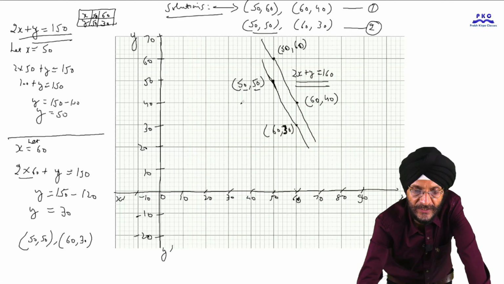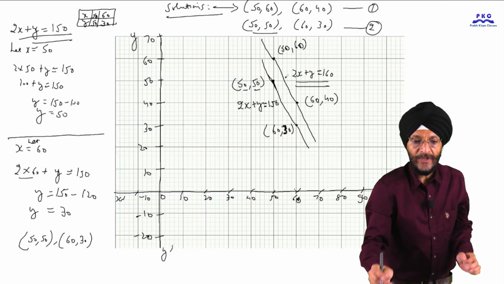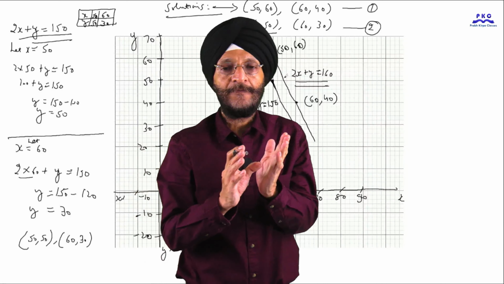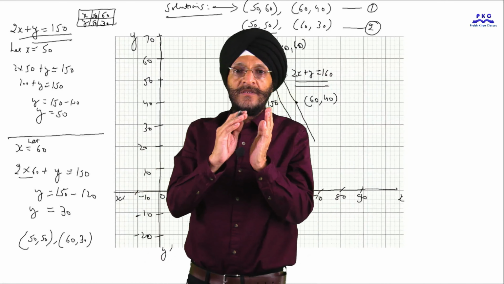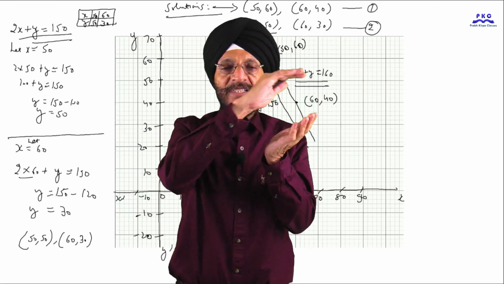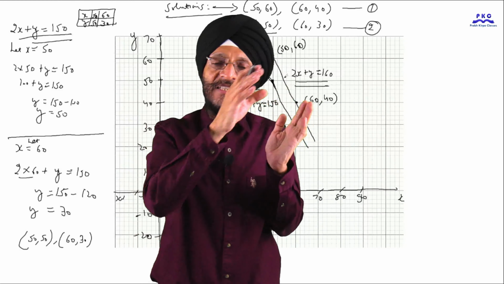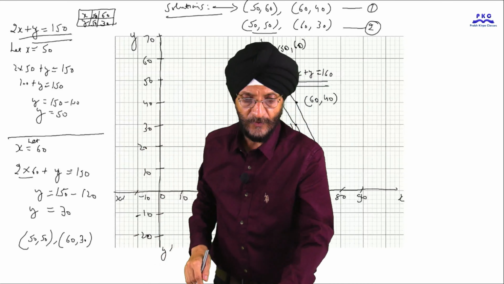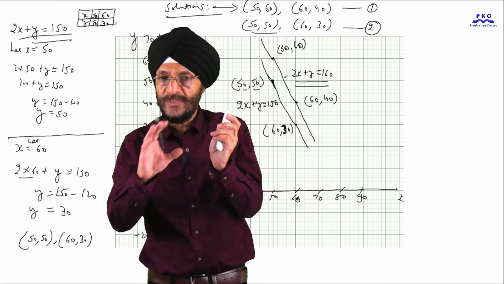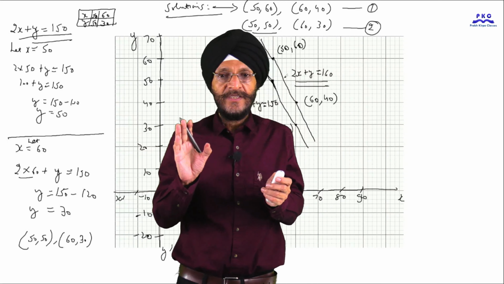The equation here is 2x plus y is equal to 150. So now we have been able to represent the scenario graphically as well as arithmetically. We hope you have understood this question very easily.